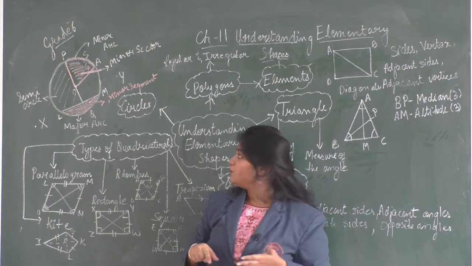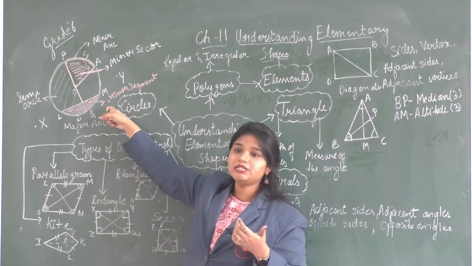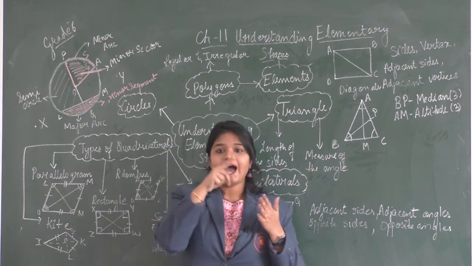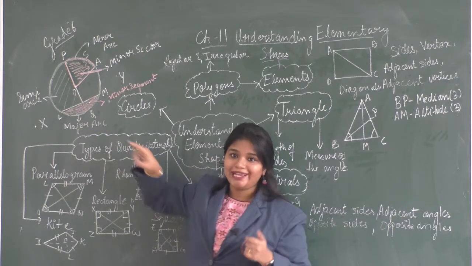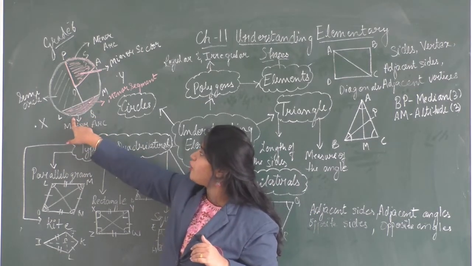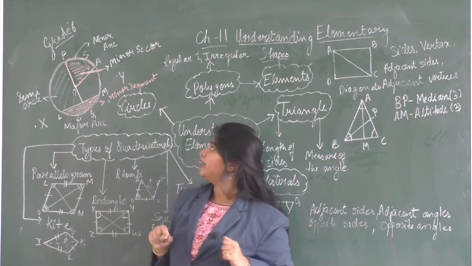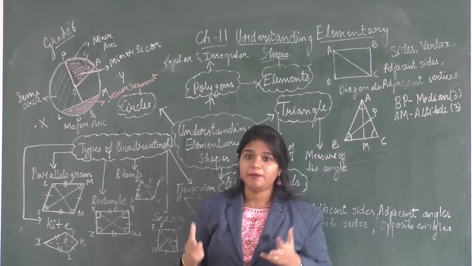Next we learned about segment. Now what is a segment? A segment is the area enclosed by a chord of a circle and the adjacent arc of the circle. So here we have an example of minor segment which is being formed by the chord LM and the arc LQM. Last we learned about minor sector and major sector.